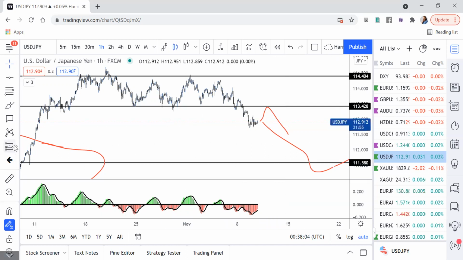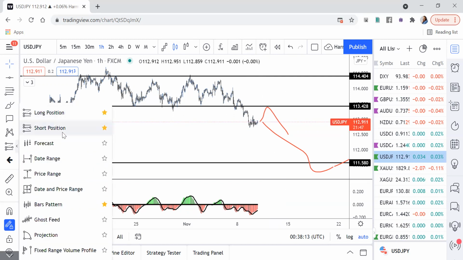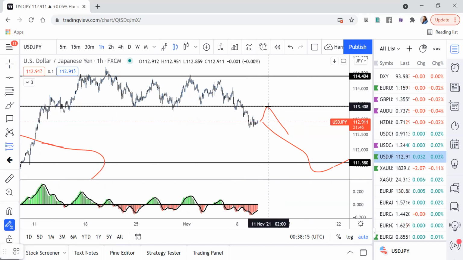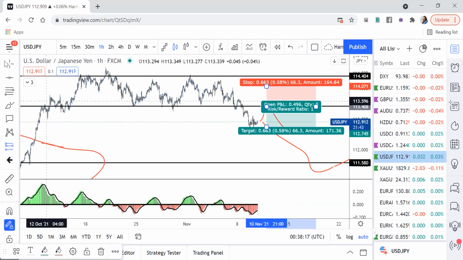Now, in a case like this, when I've identified that and I know what I'm looking for, then I can start to apply my short position tool because I'm looking for structure to be retested.